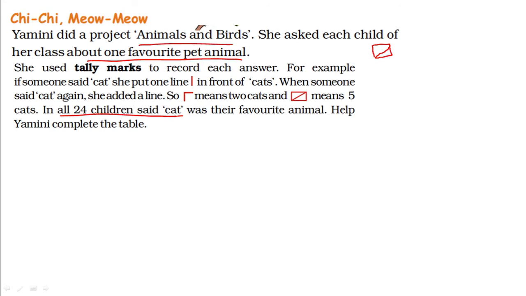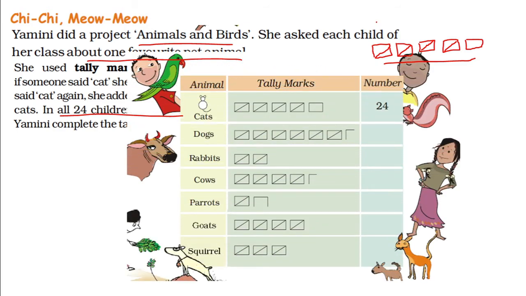24 children said cat. So how to represent 24? Like this: 10, 15, 20 and 24. In this way 24 can be represented with tally marks. So let us see the project with other animals.